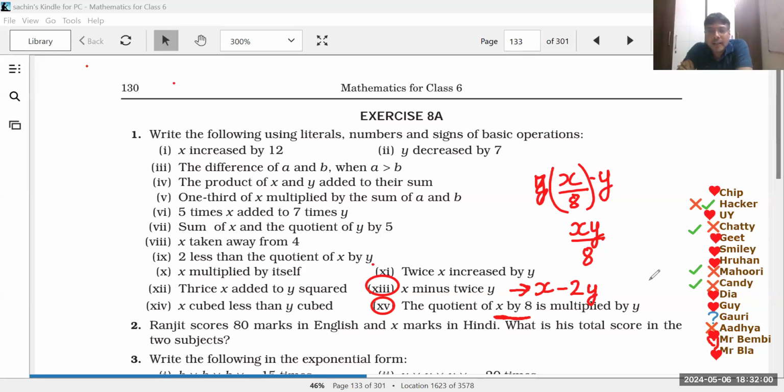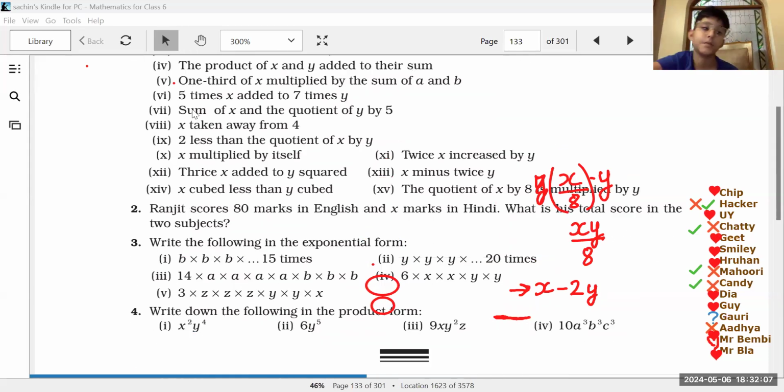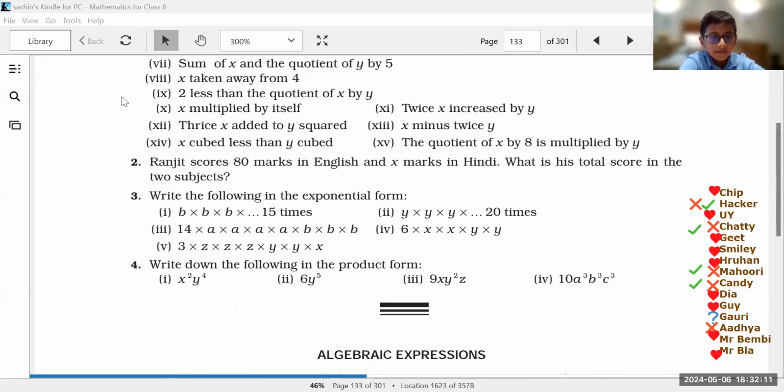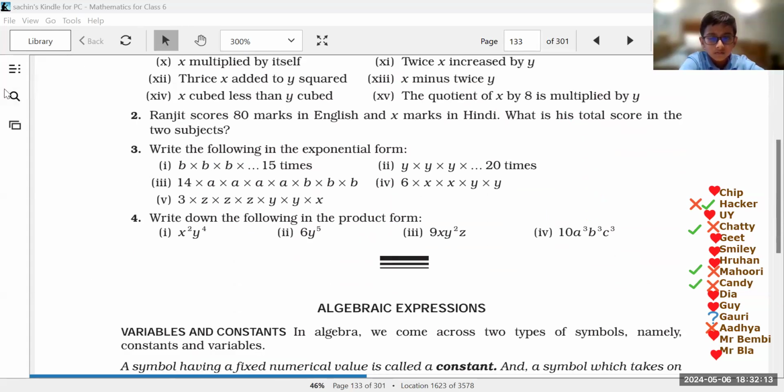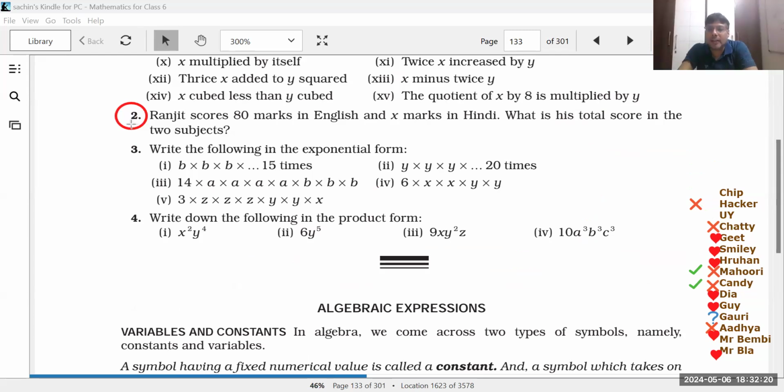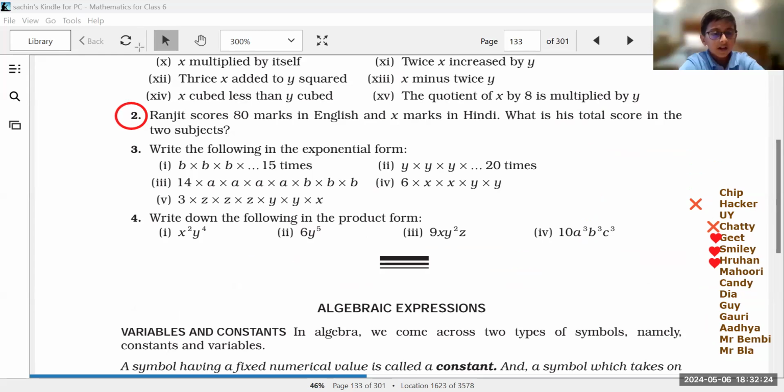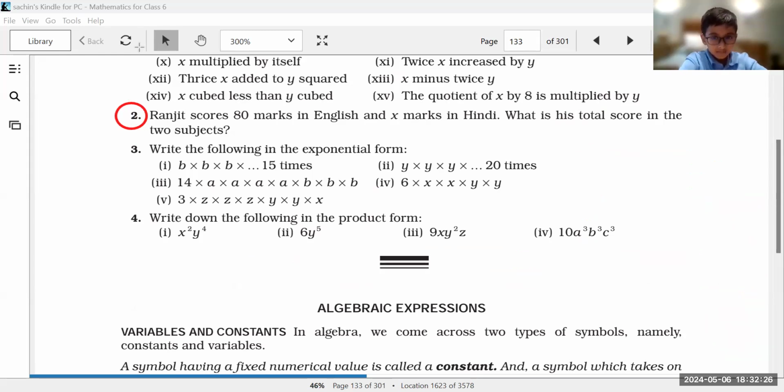So Gauri, I did not get your answer. Beta, don't be so slow. Yes, sir. Sorry, sir. Sir, I wrote x divided by 8y. Do the second question. Sir, is this correct, what I sent you in the chat?